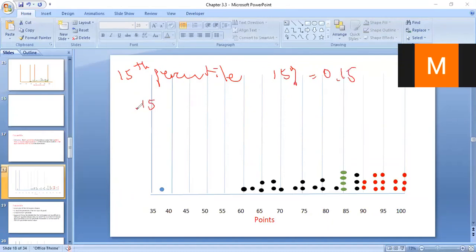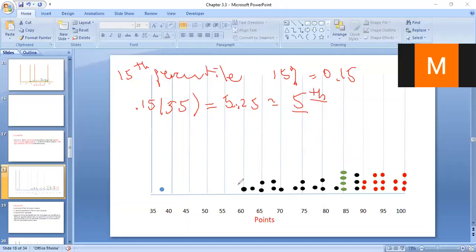You multiply by 35 people. 35 multiply 0.15, you get 5.25. This equals 5. So the position is 5, right?